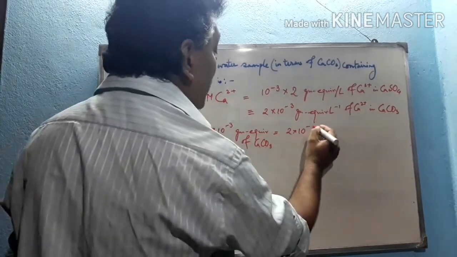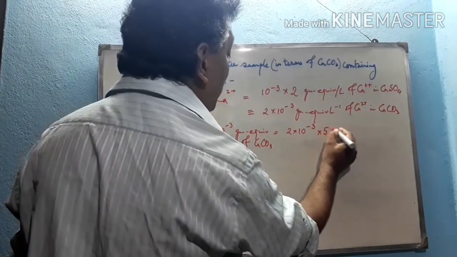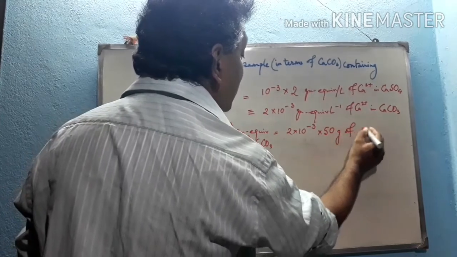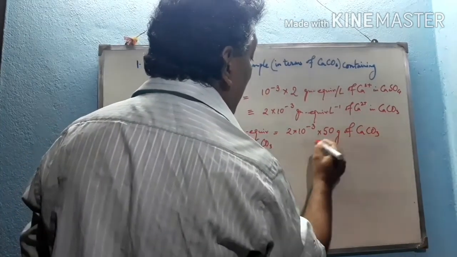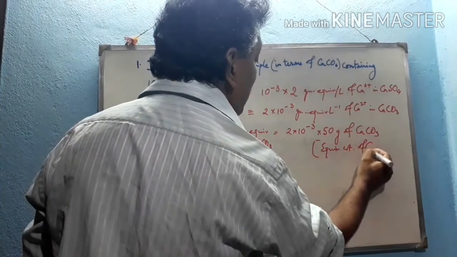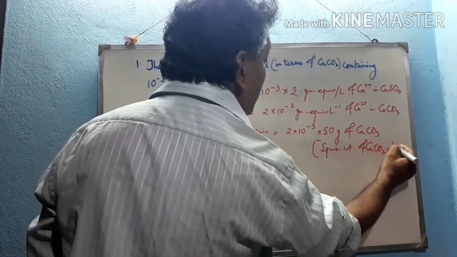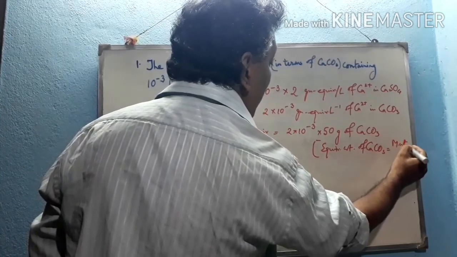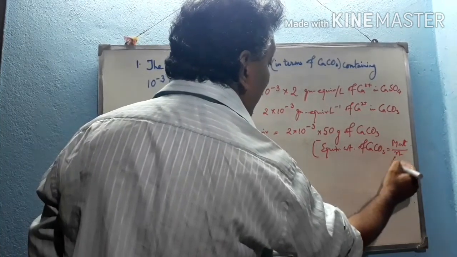That means 2 into 10 to the power minus 3 into 50 grams of CaCO3, because the equivalent weight of CaCO3 equals its molecular weight divided by the n factor.